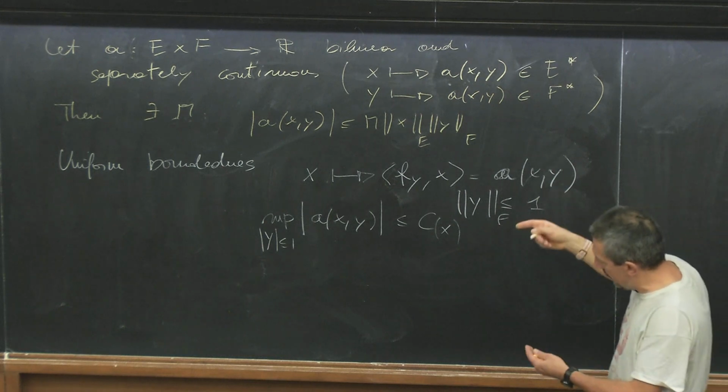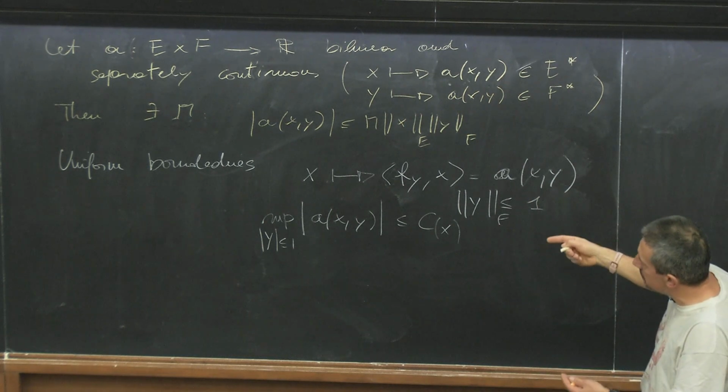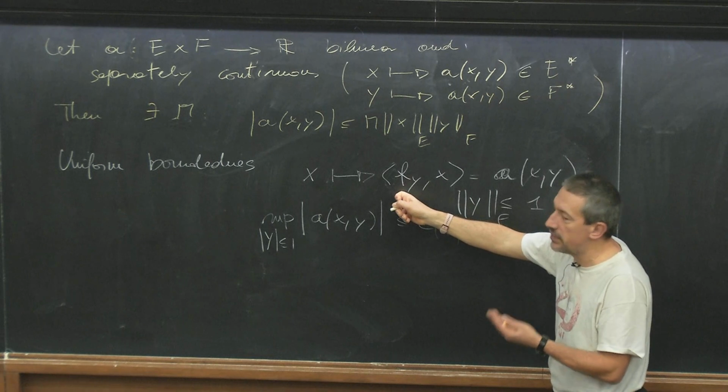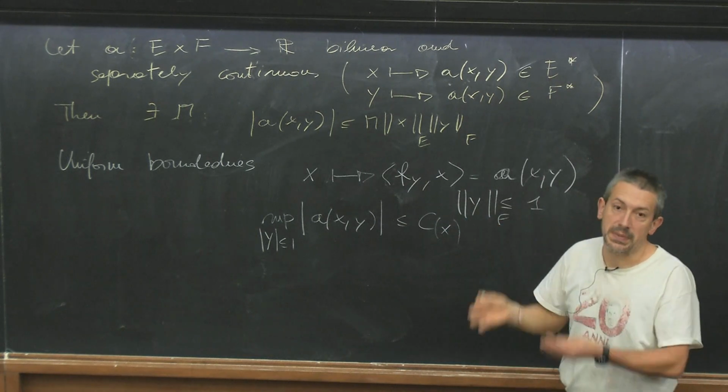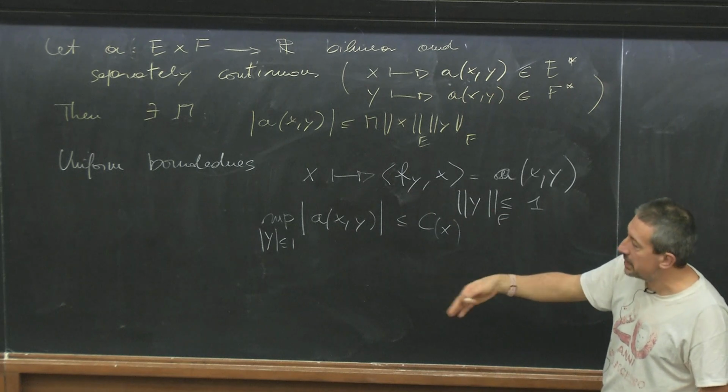So this tells you that you have a family of linear functionals parameterized by y, which are pointwise bounded. So the uniform boundedness principle applies again.